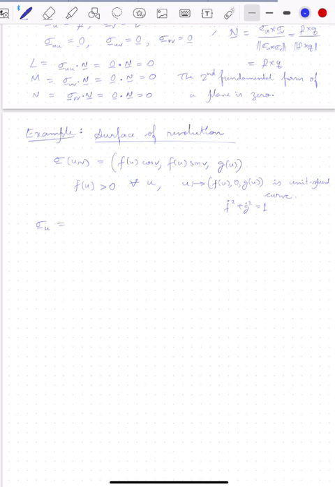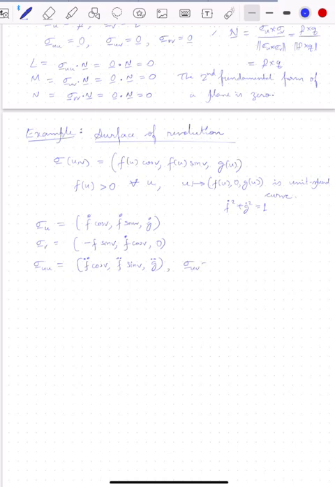So you have sigma u is given as f dot cosine v, f dot sine v, and g dot, right? And sigma v is minus f sine v, f cosine v, and 0. So we also have sigma uu is equal to f double dot cosine v, f double dot sine v, g double dot, right?